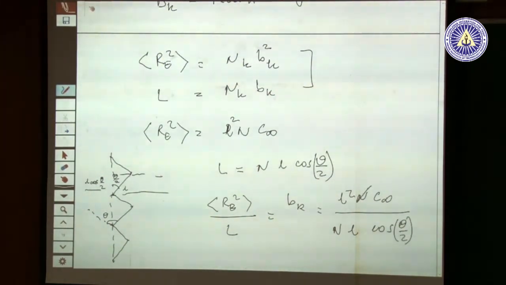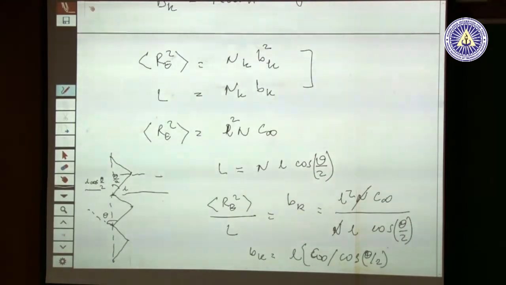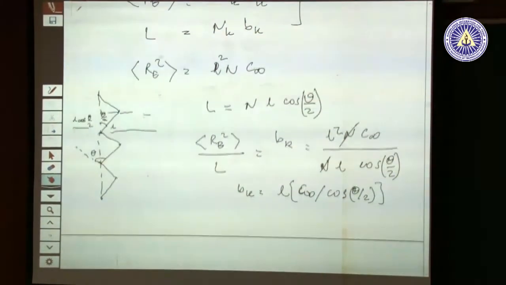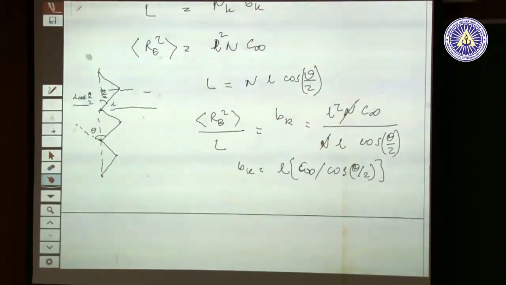So the n cancels and I would get that bk is L times C infinity divided by cos theta over 2. So if I had the properties for my underlying polymer chain, what is its C infinity value, what is the theta that decides its stiffness, I could calculate the bk of a Kuhn model. And similarly, you will notice from the definition that if I take L squared, so let us go back here, sorry.